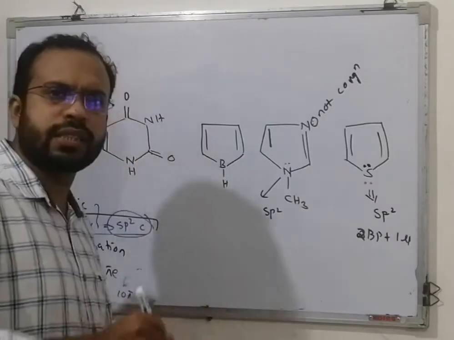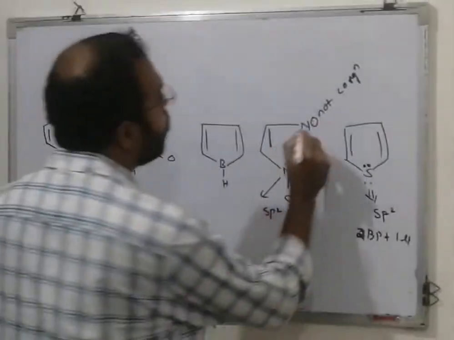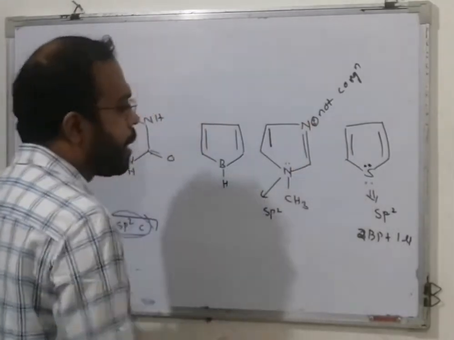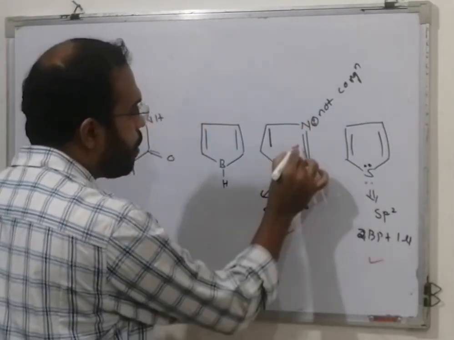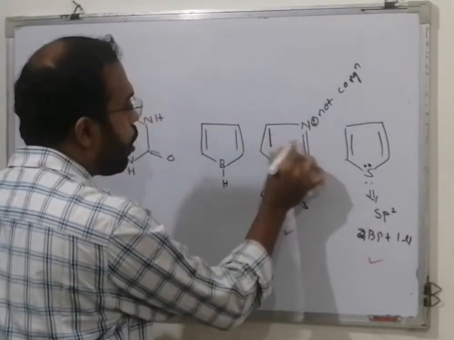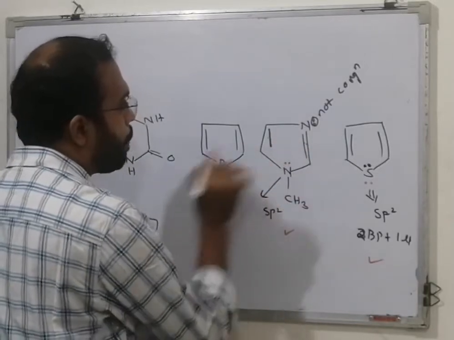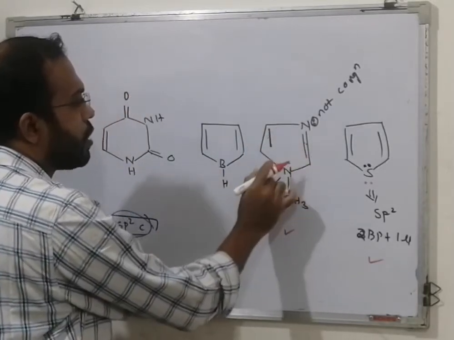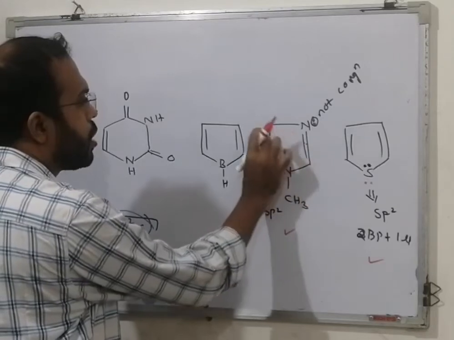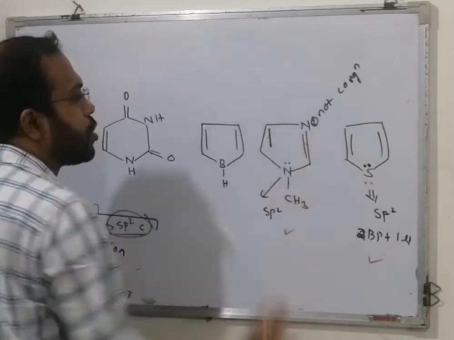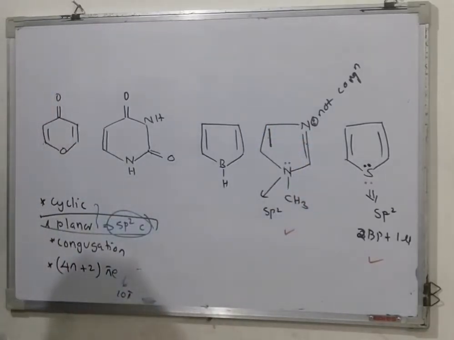Why does this molecule take this risk? Yes, this molecule wants to be aromatic. Therefore, this is aromatic. 2 double bonds, 1 lone pair. They are in alternate positions. This lone pair is in alternate position with this double bond, and this also in alternate position with this double bond. But this is not part of the conjugation.